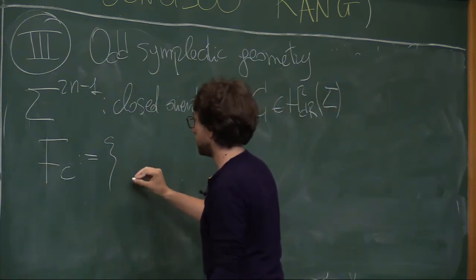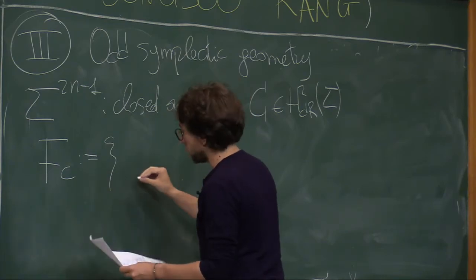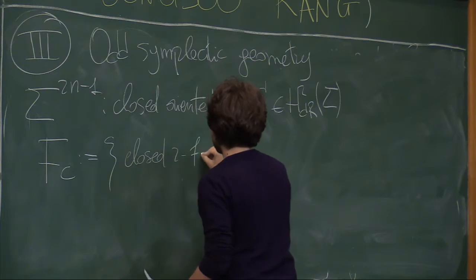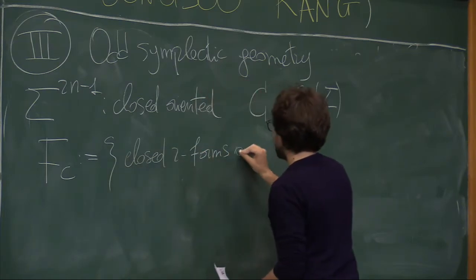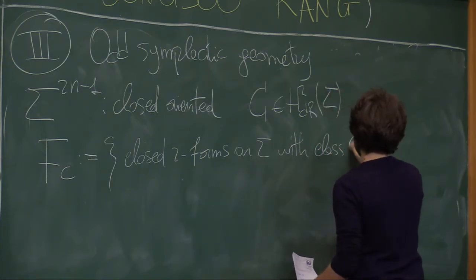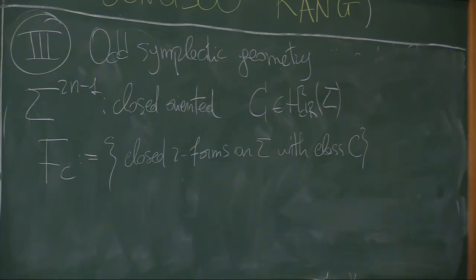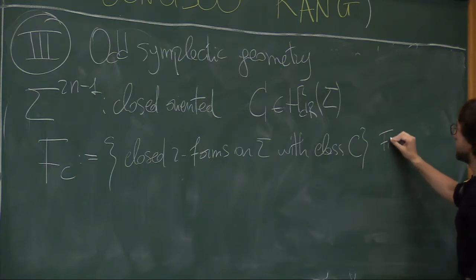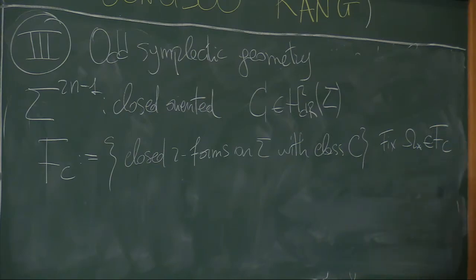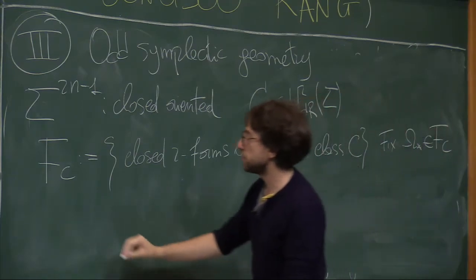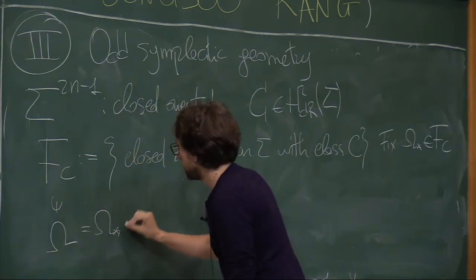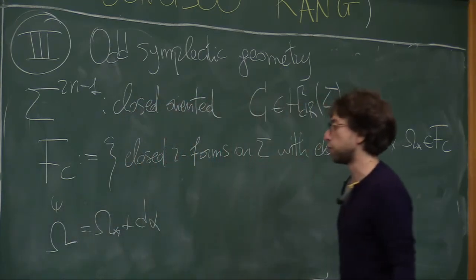So these are all closed 2 forms on sigma with class C. Okay, and then if I now fix an element inside this set, I can just describe an arbitrary element of the set as omega star plus the differential of a 1 form.